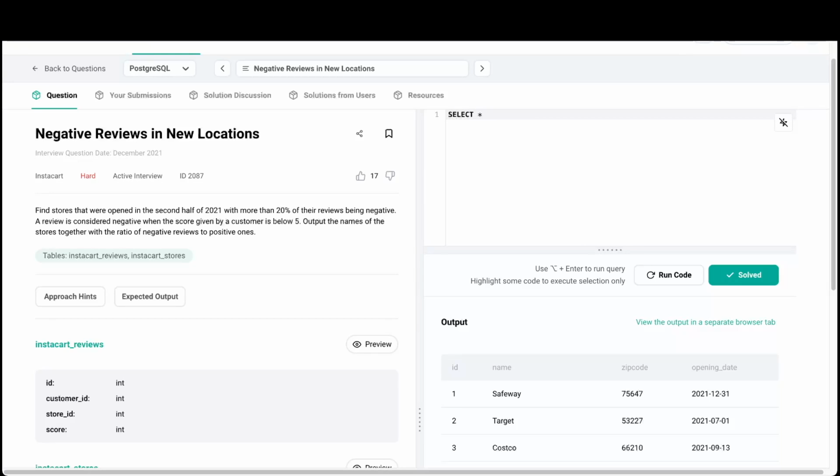So we'll select everything for now from, we can just copy and paste. We'll just call it R for now. Let's also format it correctly for ease of readability.